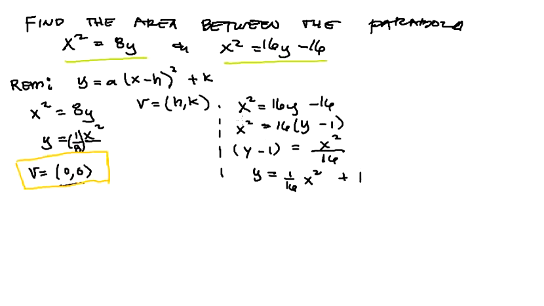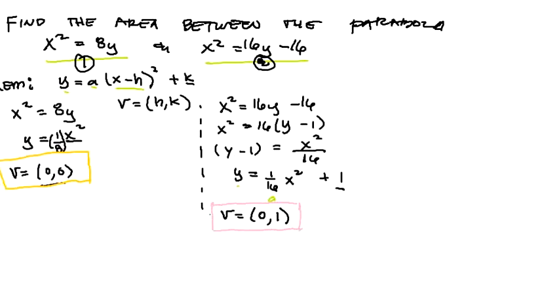As you can see, our a is 1 over 16, and we have x minus 0, so our h is 0, and our k is 1. So the vertex of this second parabola is at (0, 1).